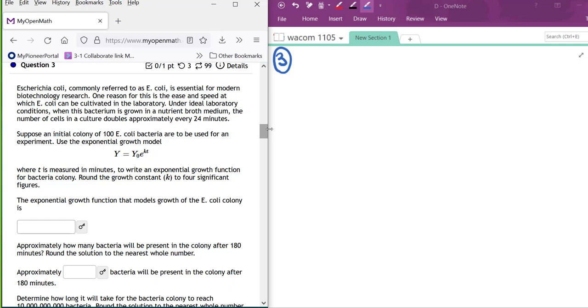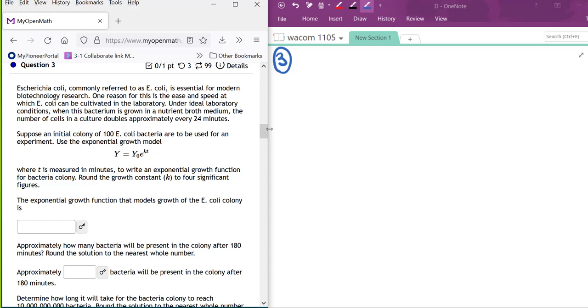And so we're looking at bacteria growth here because this is a growth model that we have. And so E. coli is essential for modern biotechnology research. One reason for this is the ease and speed at which E. coli can be cultivated in a laboratory.